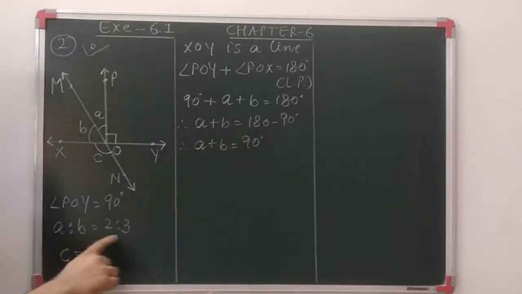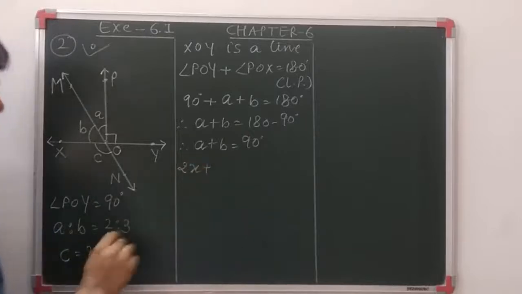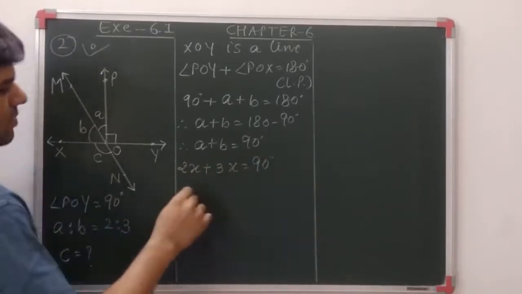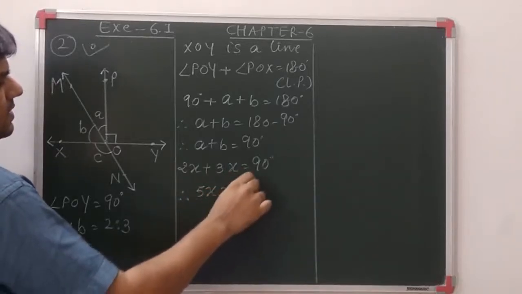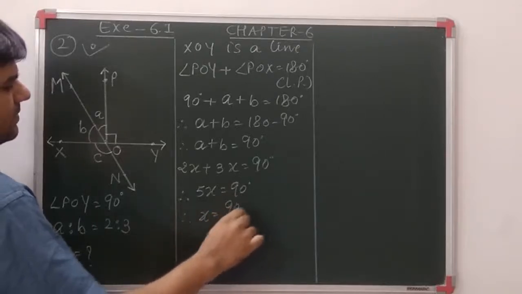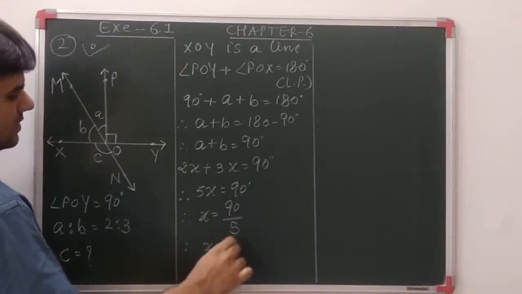Now the ratio of A and B is given, so we can suppose A as 2x and B as 3x. So 5x is equal to 90. So we obtain x is equal to 18, because 90 upon 5. This is the value of x we obtain.